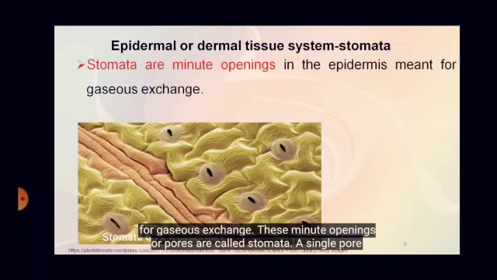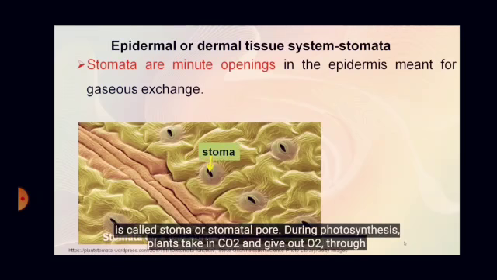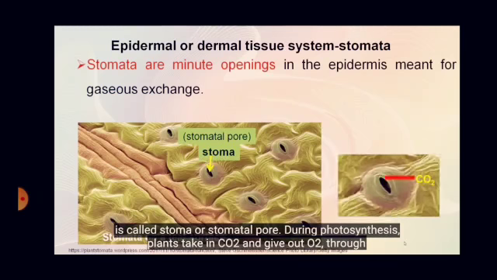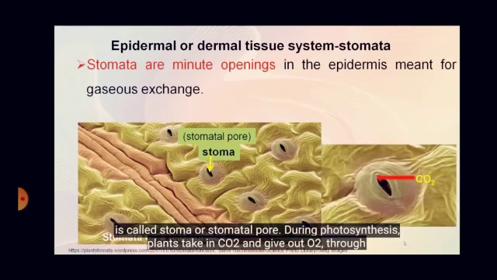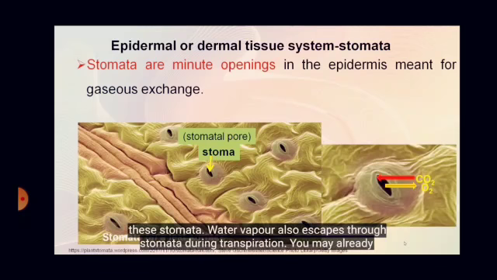These minute openings or pores are called stomata. A single pore is called a stoma or stomatal pore. During photosynthesis, plants take in carbon dioxide and give out oxygen through these stomata. Water vapor also escapes through stomata during transpiration.